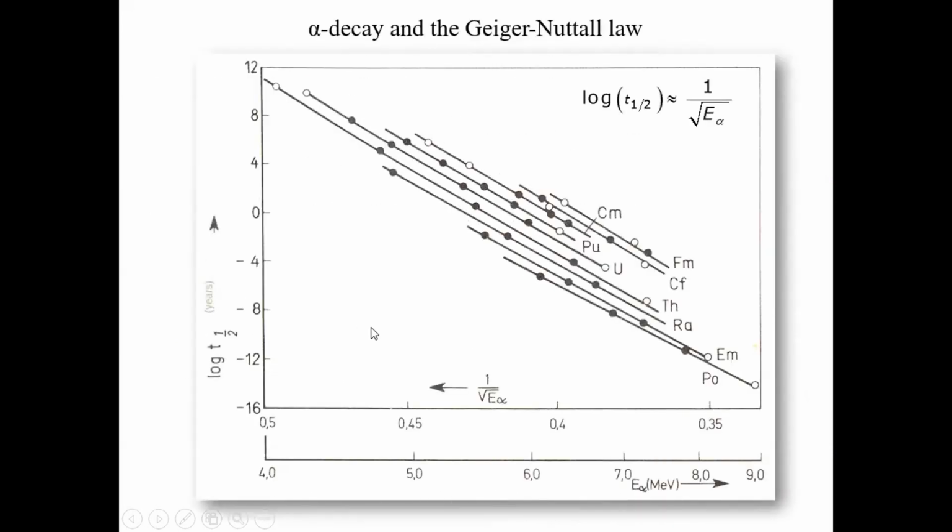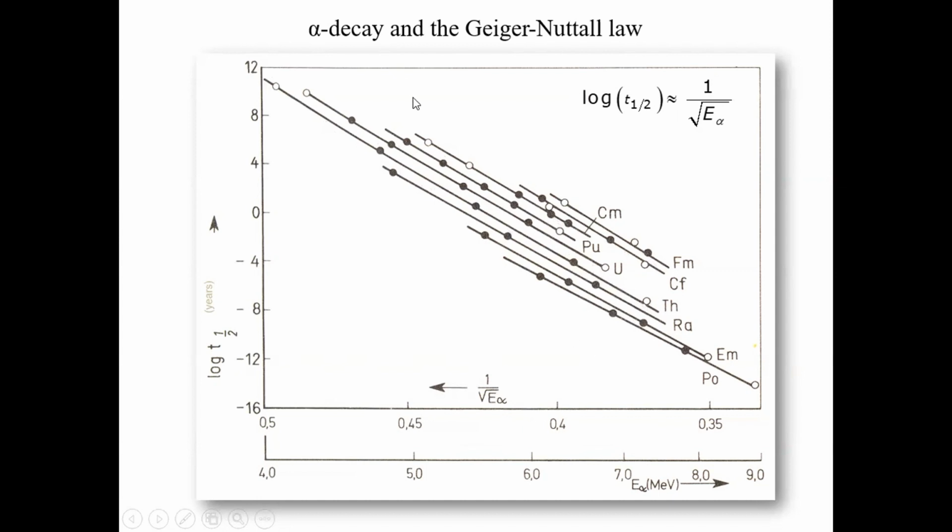We have the log of t half on one side in years, and on the other side, E alpha is here, 1 over square root of E alpha is here, and we see a graph like this going down, which means that the log of t half is proportional to 1 over square root of E alpha, and it has a negative slope.